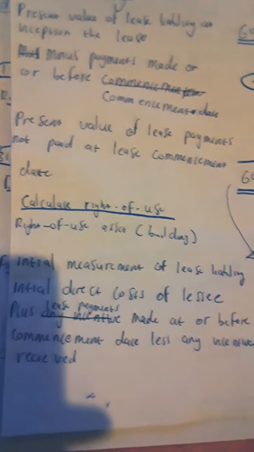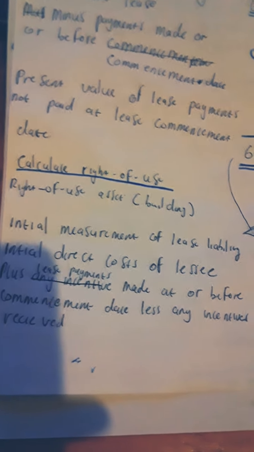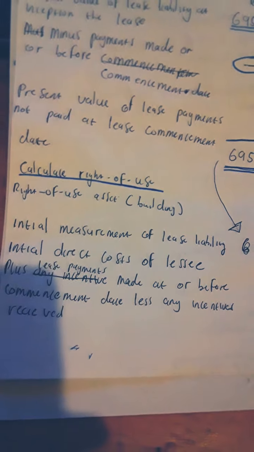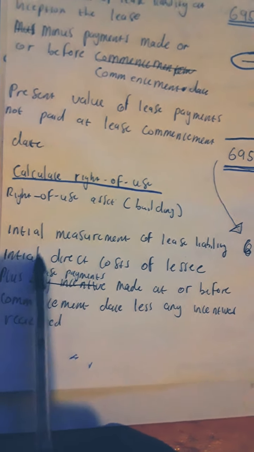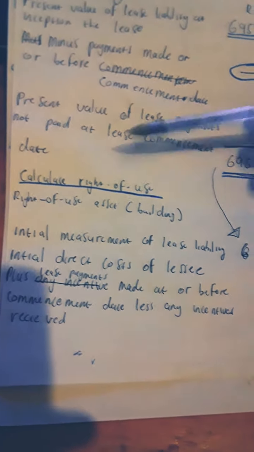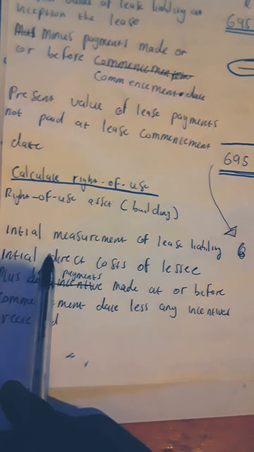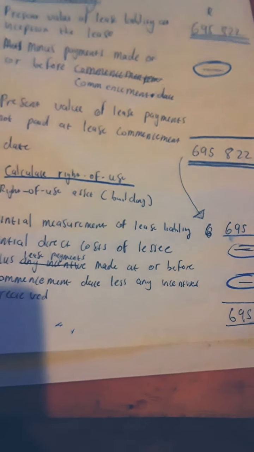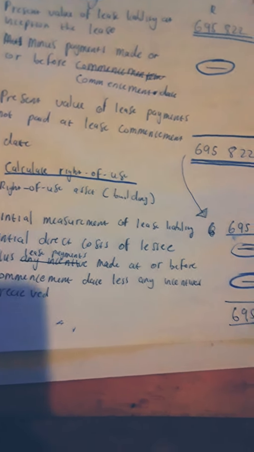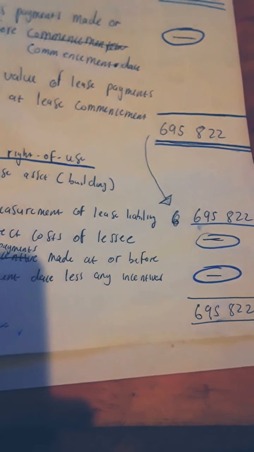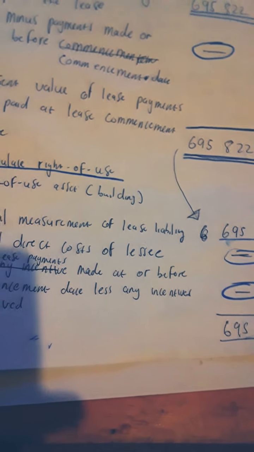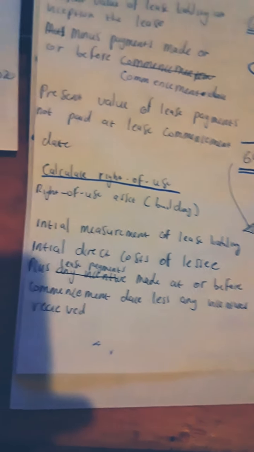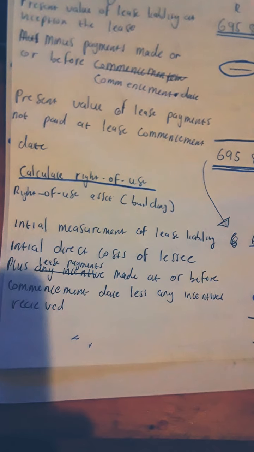Now, the question asked for us to look at the calculation of right of use asset. In this case, it is a quarantine building. It's our PPE. Initial measurement of, this is a format that you need to be familiar with, guys. Initial measurement of lease liability, still the 695,822. Initial direct costs, it's a blank because we did not incur any legal fees or commission fees when we were negotiating, so we don't have any of that.